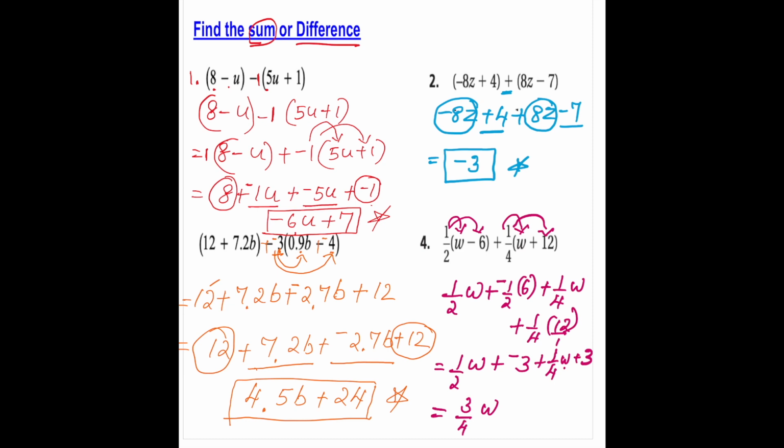It's like 50 cents plus another 25 cents is 75 cents, or make the denominator the same and add them: 1/2 plus 1/4 is 3/4, so 3/4 of w. And look at the constant terms. Negative 3 and positive 3 make a zero pair, so there are no constant terms. We have only one term in the answer, a variable term, 3/4 w, where 3/4 is the coefficient and w is the variable. So that will be the answer for the fourth problem.